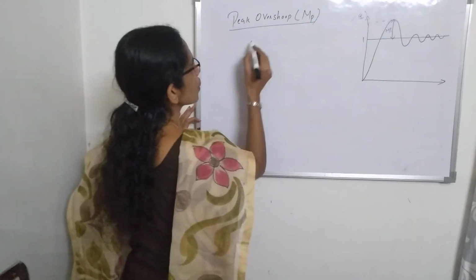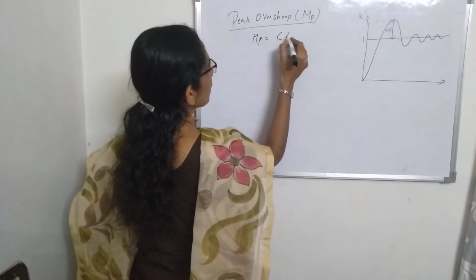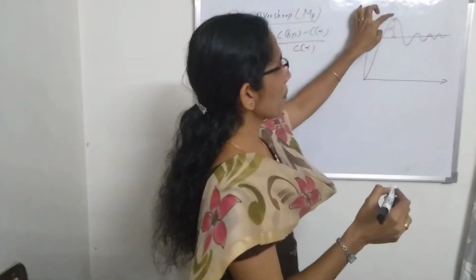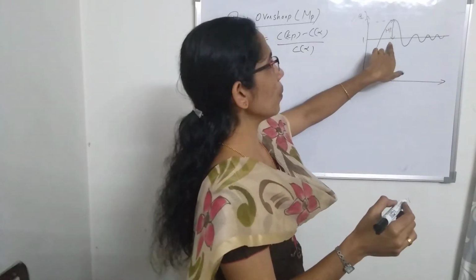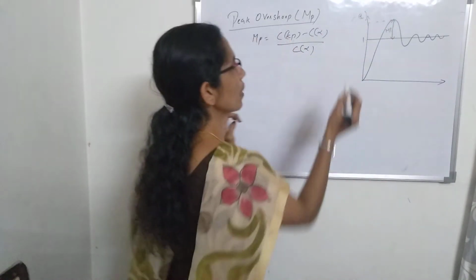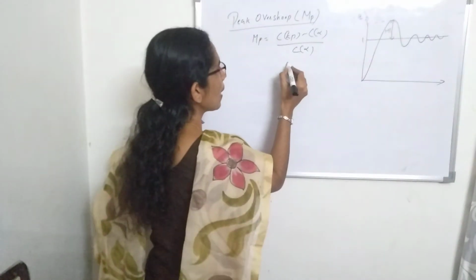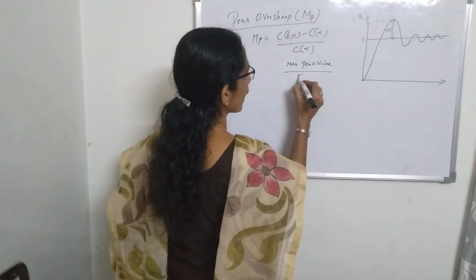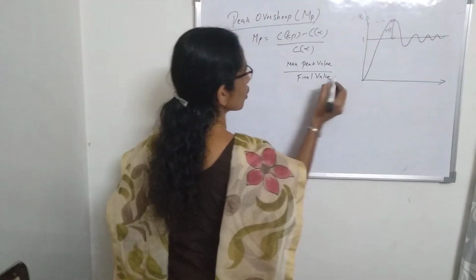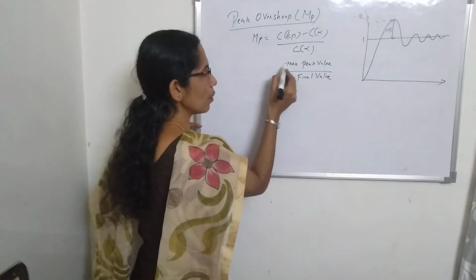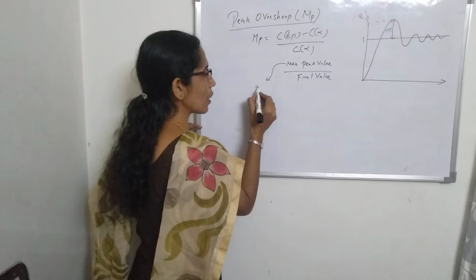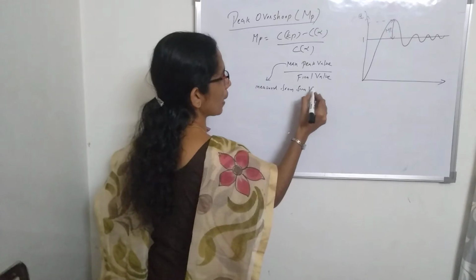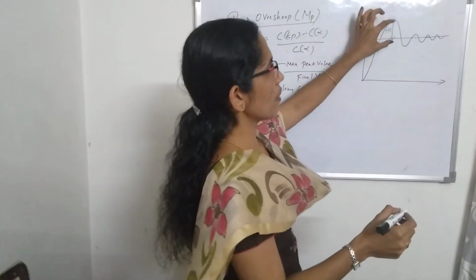Peak overshoot is the ratio between maximum peak value and final value, and this peak value is measured from the final value.